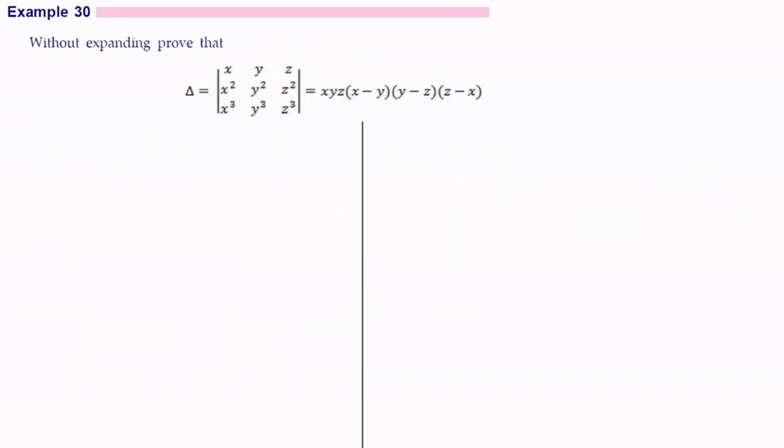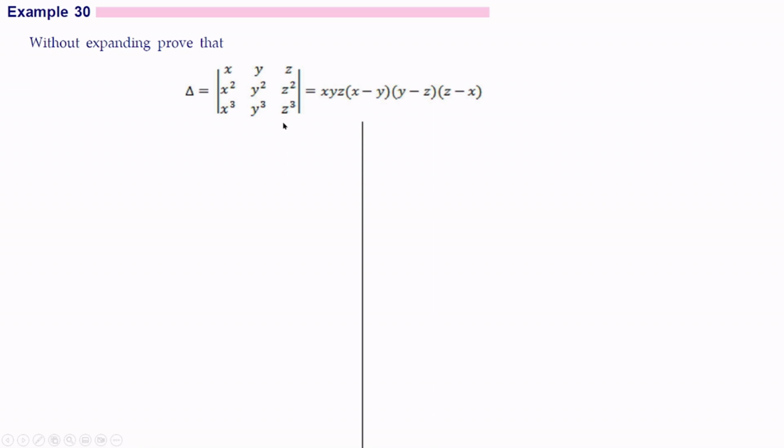Without expanding, we have to prove that the value of this determinant is given by this expression xyz into x minus y, y minus z, z minus x. So here if you see this determinant, in this first column x is common, in this second column y is common, and in this third column z is common.